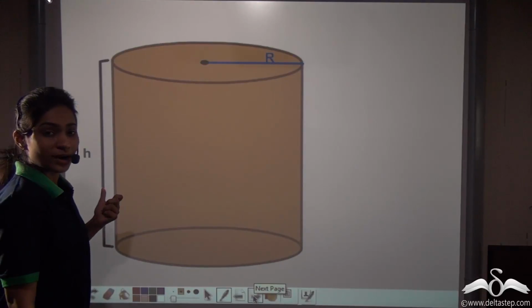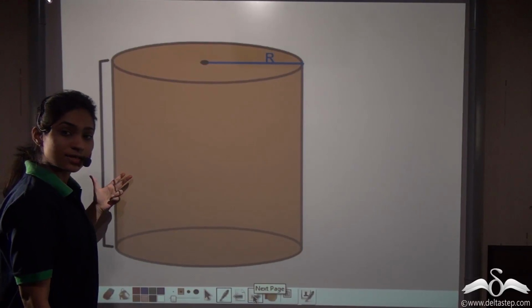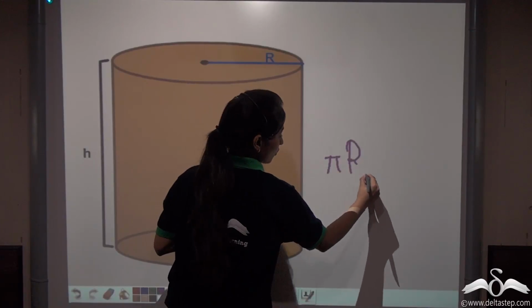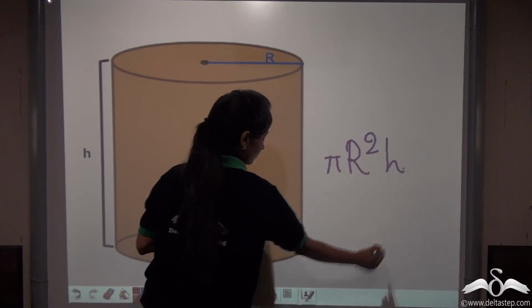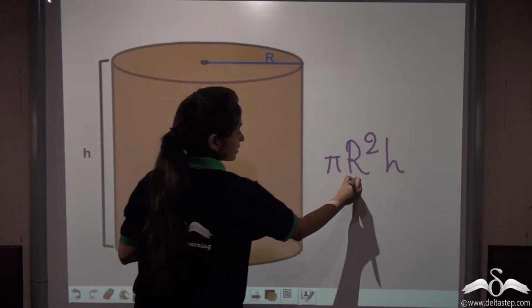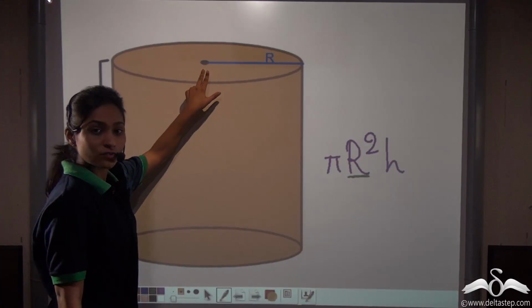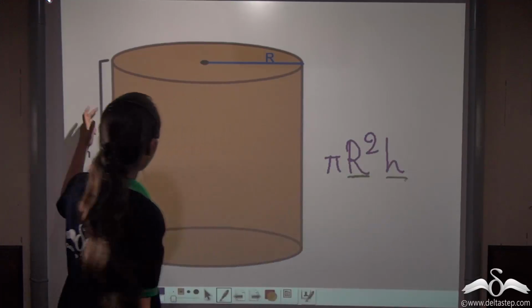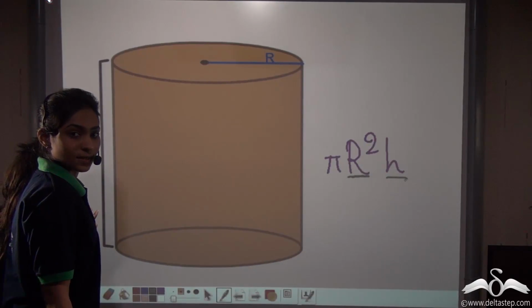Well, we know how to find out the volume of a solid cylinder. It is what? Pi r square h, where this r is actually the radius of the circular base of the solid cylinder, into h, this is what? Height of this solid cylinder.